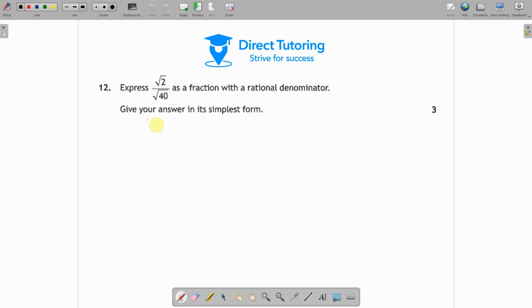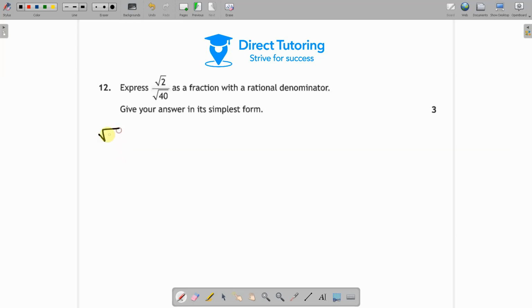And question 12 is a surds question, and it's asking us to rationalise the denominator. Now, rationalising the denominator is getting rid of any square root signs on the denominator of the fraction. So we have to use the laws of surds in order to answer this.